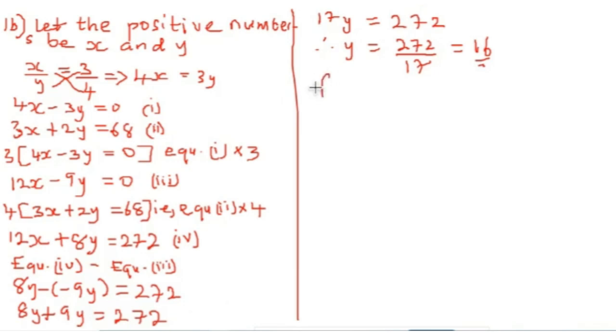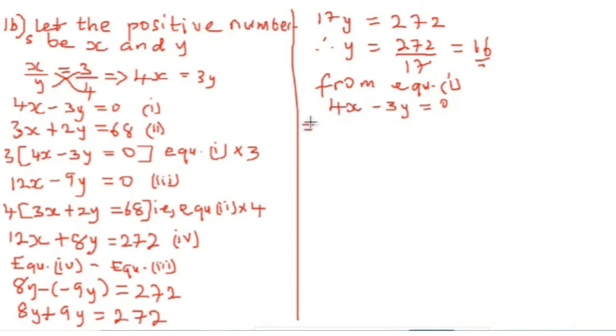So from equation 1, we know that 4x minus 3y is equal to 0.